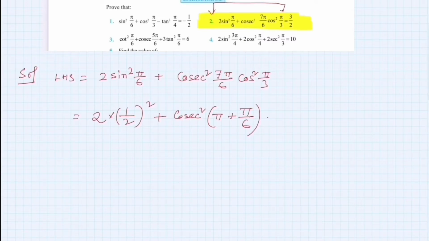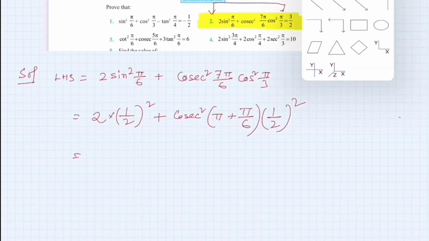Then into cos square pi by 3. Pi by 3 is 60 degrees, so cos of 60 degrees is half. So it must be again half square. Now let us apply the ASTC rule.